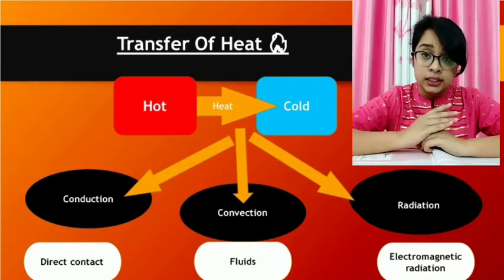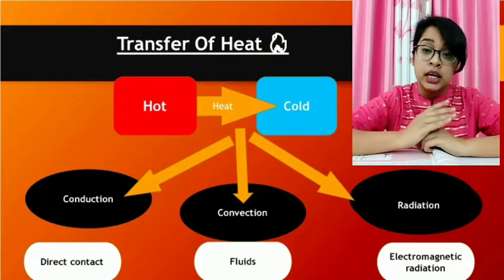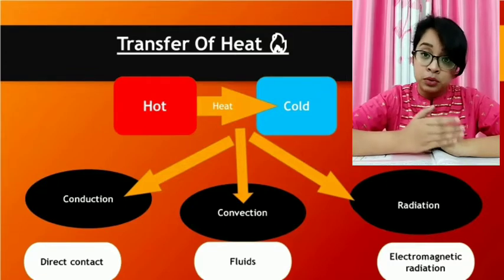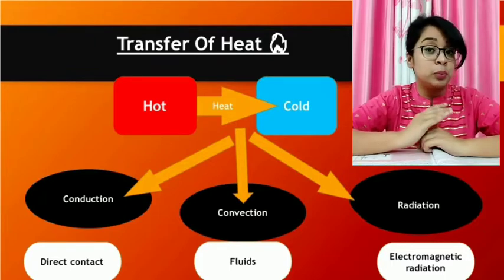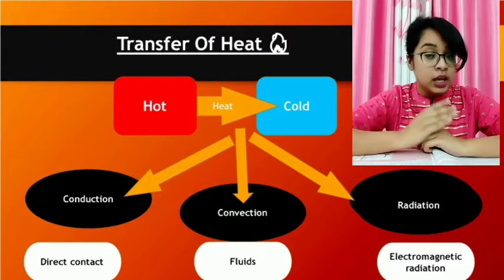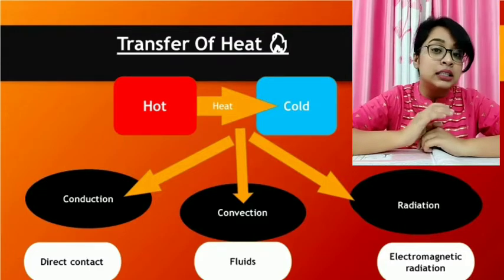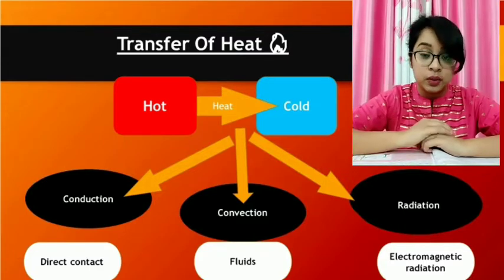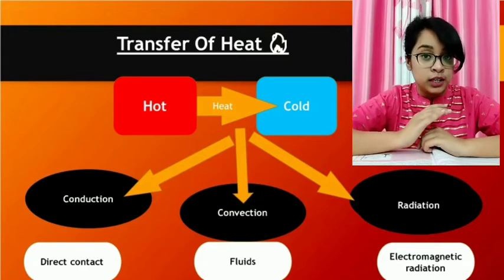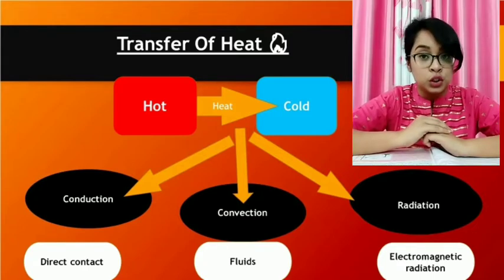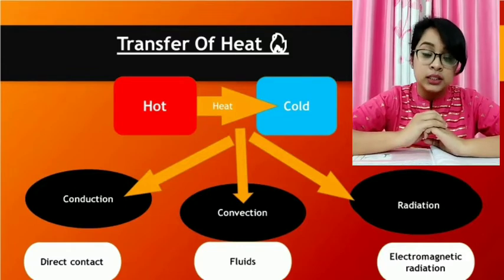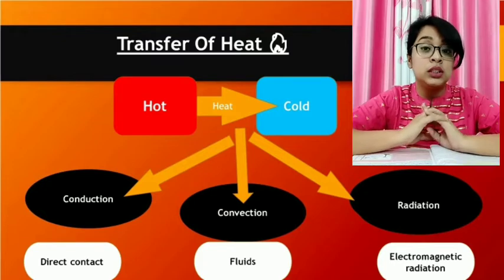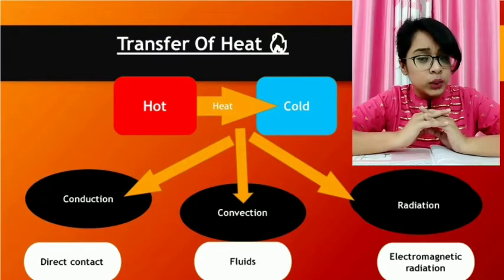Conduction: in this kind of transfer, heat is transferred between two materials or parts of a material, not by the movement of the particles itself. Heat is transferred, but the particles are not moving. This type of transfer takes place in solids. Now coming to liquids, or better to use the term fluids. What does the term fluid mean?